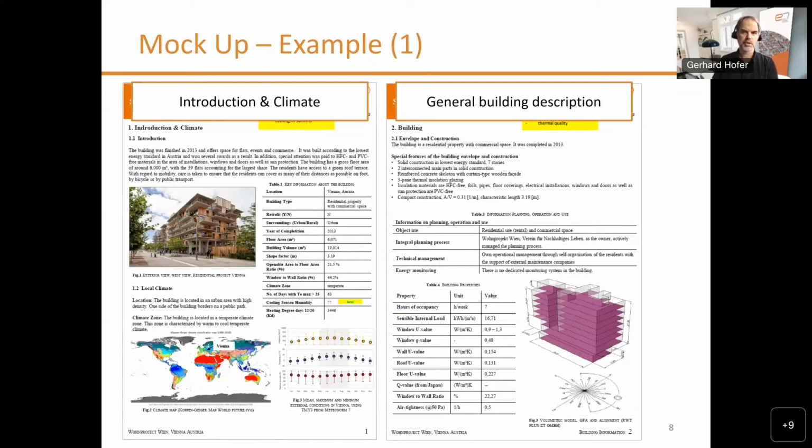This page also contains the location of the building on a worldwide map, because the local climate data has an essential influence on the cooling concept and on the resilient cooling concept of the building. On the second page, we have a more detailed description of the building that includes specific values such as U-values, window-to-wall ratio, or even the orientation of the building. Next slide, please.